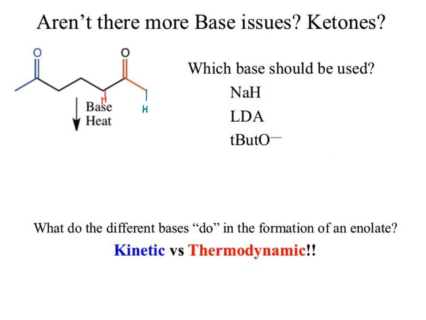Does anybody else notice an issue or something interesting, particularly with that structure? Attack itself. What do you mean it can attack itself? Haven't they always been attacking itself? Well, it can form the cyclic structure. When we talked about attacking itself before, there was a second molecule to react with because we needed a second carbonyl.